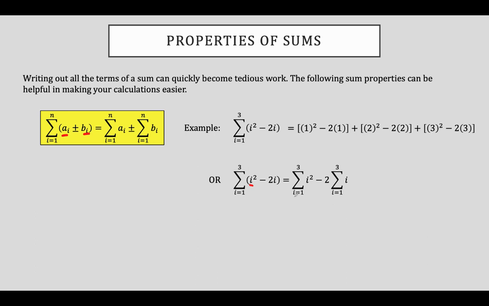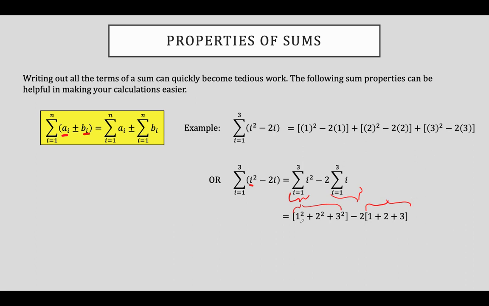Now we could evaluate each of these sums individually, starting by plugging in 1 and adding values until we plug in 3, leaving me with 1 squared plus 2 squared plus 3 squared. That would be our first sum, minus 2 times, this would be our second sum, coming from these terms here, 2 times (1 plus 2 plus 3).